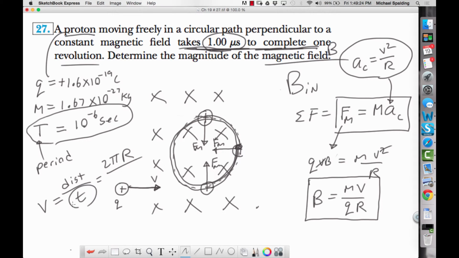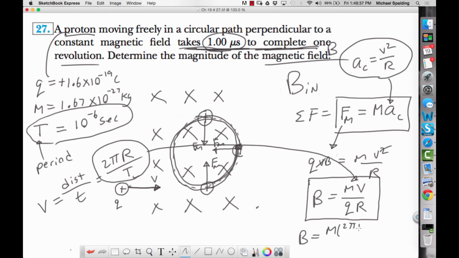What is the time for one circle? The period. So take this, plug it in for velocity. Now we have B equals m times 2 pi r over period, divided by qr. And then now what cancels? R cancels out. And then we can solve this.